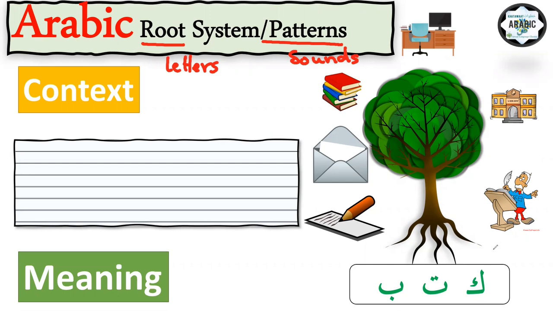So the root system, as in the example here, is ka, ta, ba, and I'm placing the fathas just to pronounce the sounds of ka, ta, ba. The root system comes as isolated letters because they happen in different words.